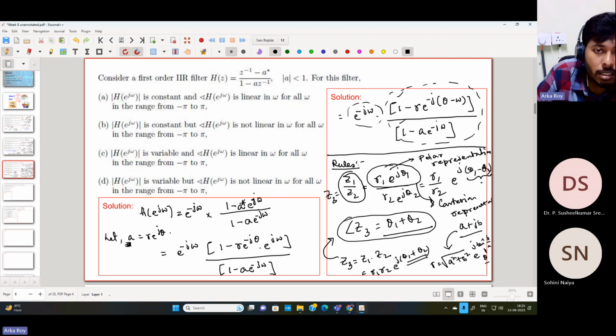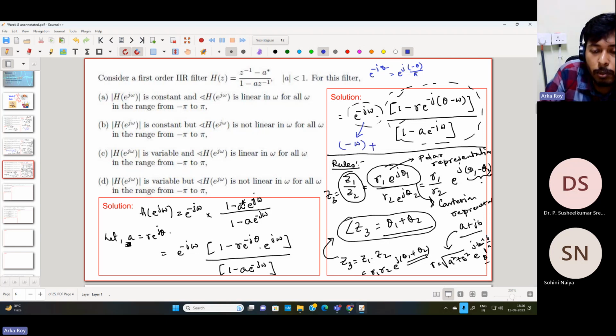So using this, let us try to configure what would be the phase relation. From here, the phase relation will be minus omega, because e to the power minus j theta, I can write it as e to the power j of minus theta. So this angle is basically minus theta. So here it is written as minus omega. Therefore, from this particular relation, I'm getting the angle is minus omega.